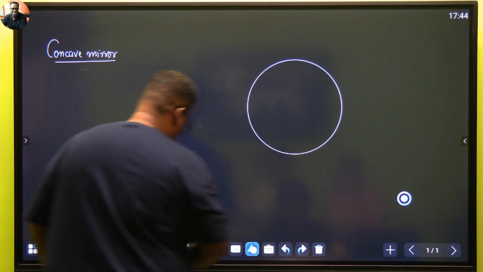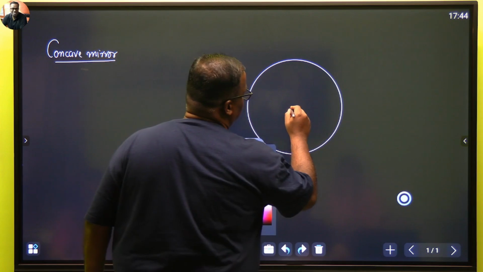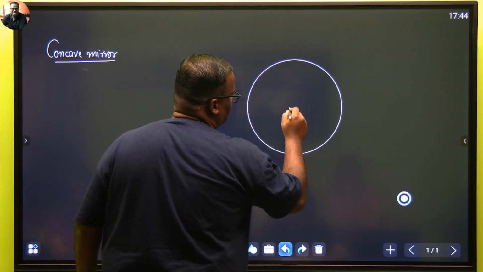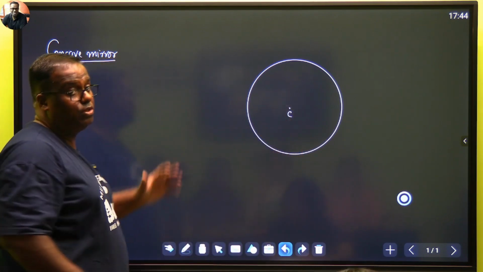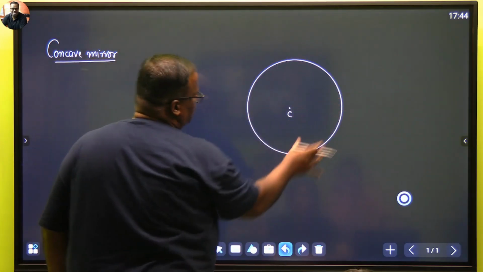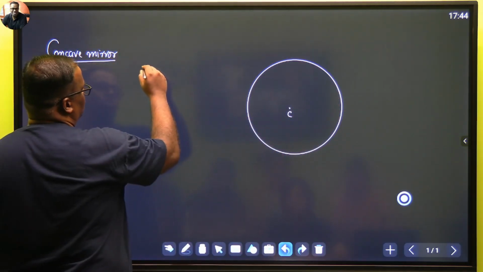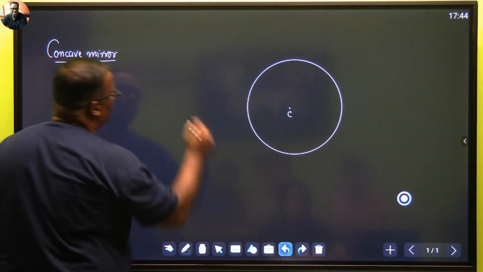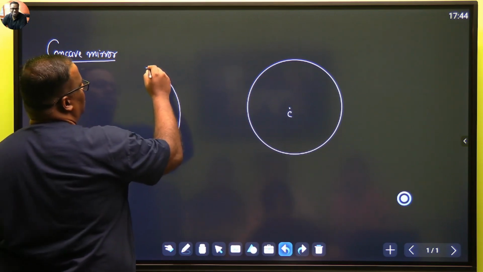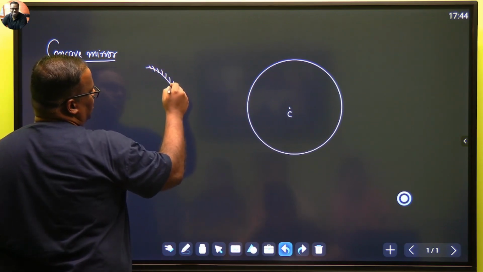So let's say this is the center of the sphere, C. This is the center of the sphere, not a circle, center of the sphere. And I'm trying to take this portion out. So this is the portion that I've taken out, and I have etched on the outer side.